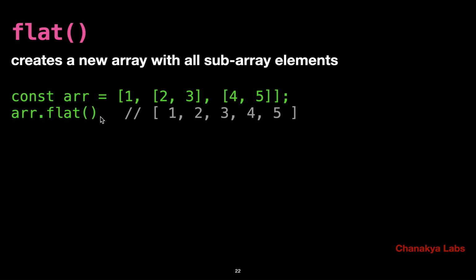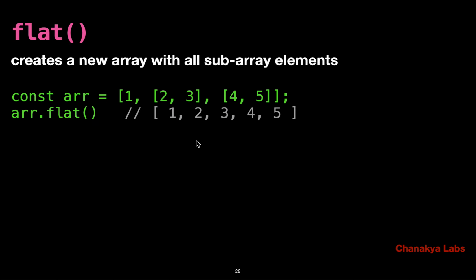What array.flat does is that it takes the elements which are at the first level. What I mean by first level will be clear very soon. But if there is an array of arrays, it will take all the elements inside that and make a flat structure, rather than an array of arrays.